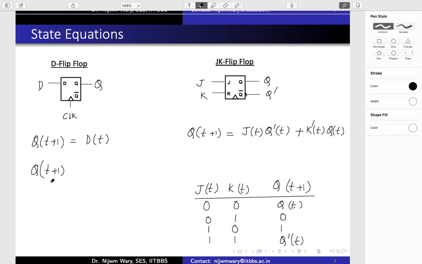So the output can be written as Qt plus 1 and the D will be written as simply D by just dropping this T. Similarly here also we can write Qt plus 1. So this means that the next state is nothing but J Q complement or K complement Q. So this is how we have dropped this T, which means that this is the present state and the next future state is dependent on this equation.